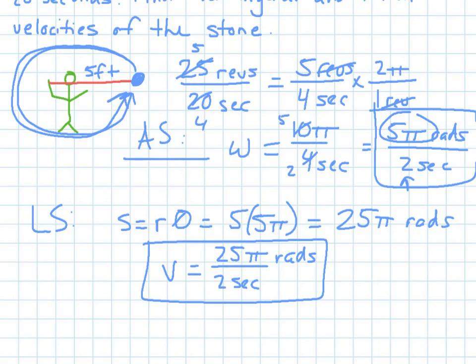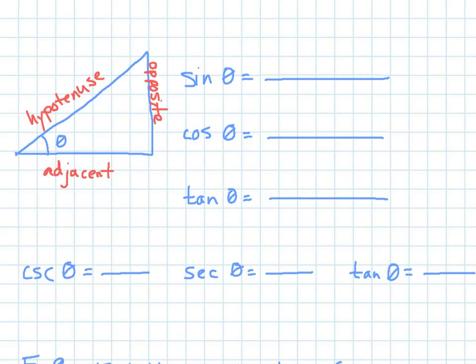Okay, moving on. Okay, so next part is talking about our trigonometric functions. So if we have a triangle with the angle theta, so then this side on the opposite side of the triangle, or the opposite side of your angle, is called the opposite side.